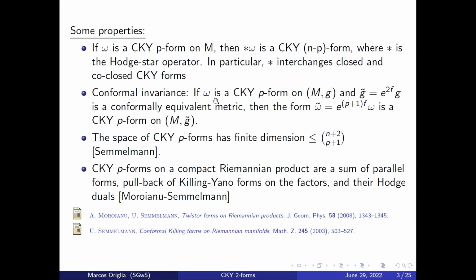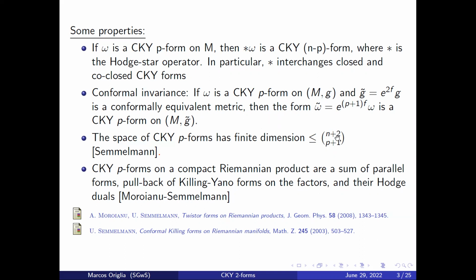Another nice property appears when you study the vector space of solutions of this equation, conformal Killing p-forms. This space of solutions has finite dimension, and Semmelmann proved that the dimension of this space is bounded above by this number.